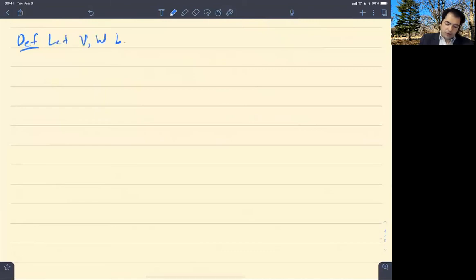Let V and W be finite dimensional inner product spaces. And let T be a linear map between them.